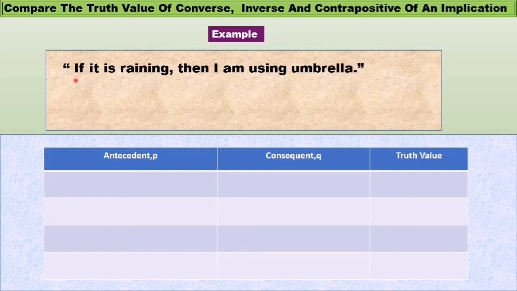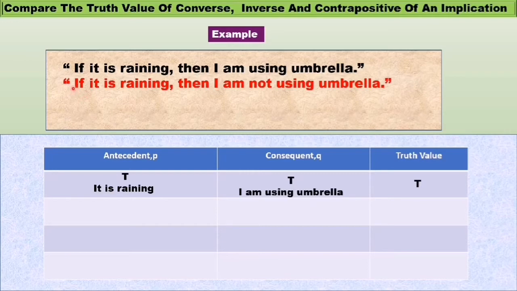The first sentence, if it is raining, then I'm using umbrella. So antecedent is true because I said it is raining. Consequence true, I promise I'm using umbrella. So truth value is true.